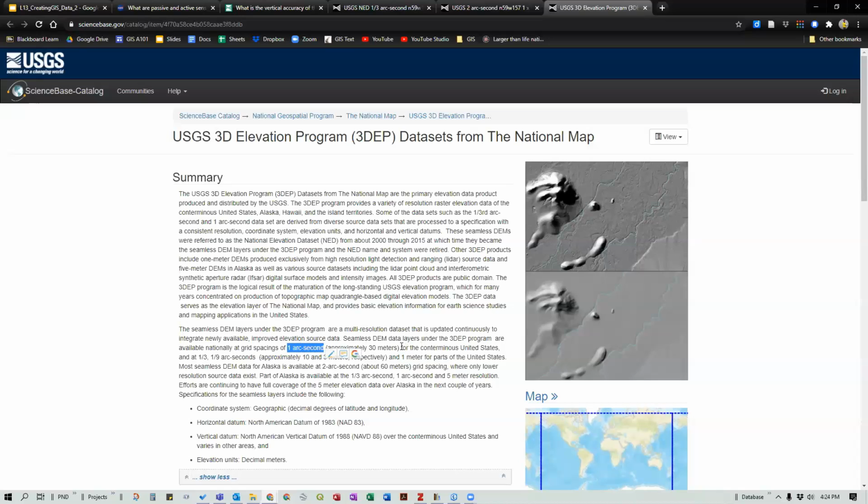But that can vary, especially when you're talking about Alaska versus the lower 48. The amount of distance in 1 arcsecond can vary significantly over that area. So that's why they use the language here, approximately 30 meters in an arcsecond, or approximately 10 meters in 1/3 arcsecond.